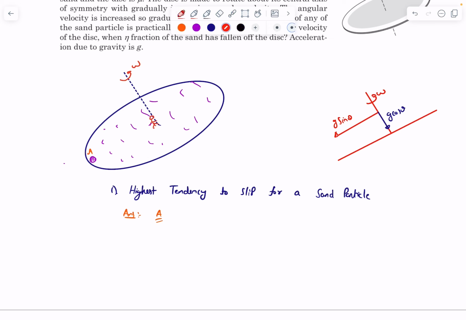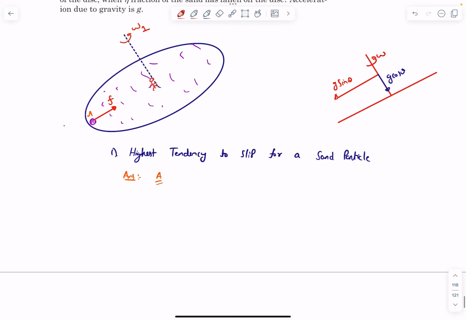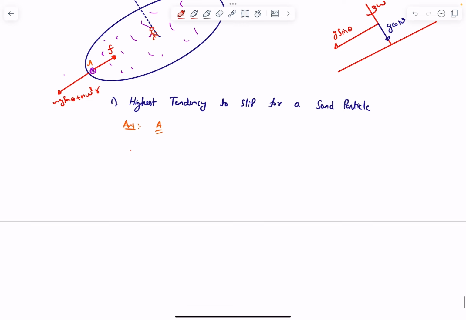Let's figure out the friction force needed. At this particular time, let's say the corresponding value of omega is omega 1. Once again, mg sine theta and m omega square r act in the direction opposite to friction. So the friction force should be equal to mg sine theta plus m omega square r.